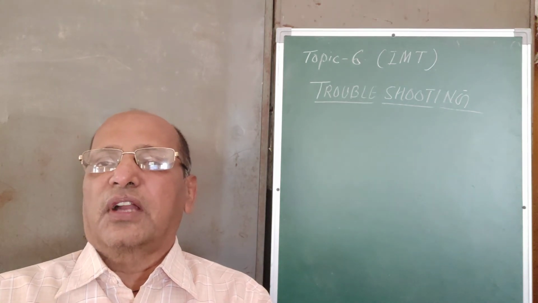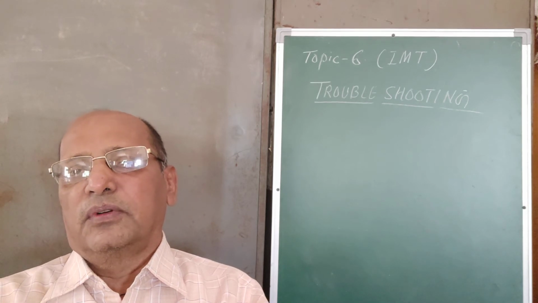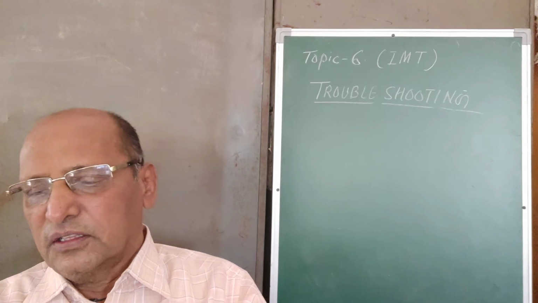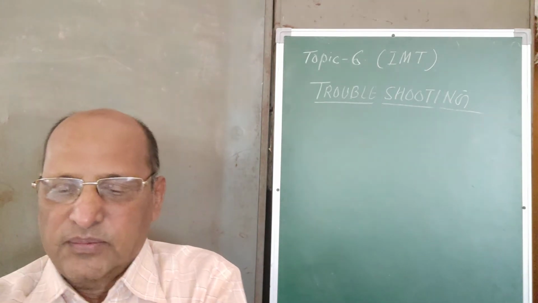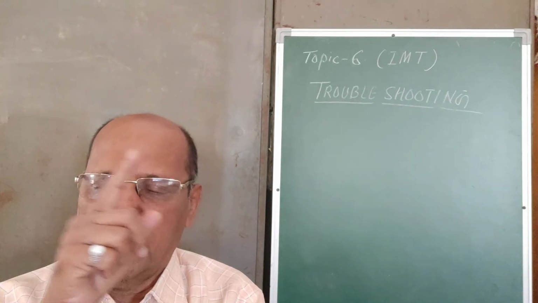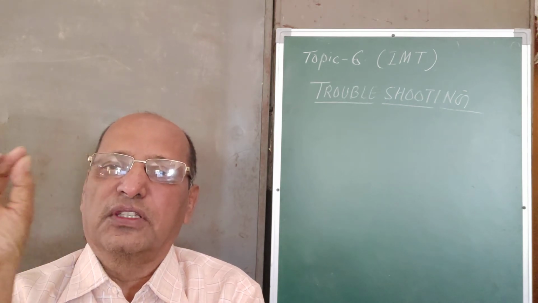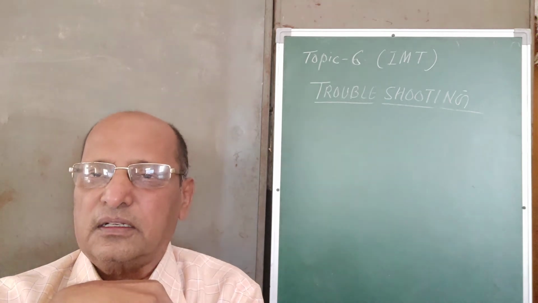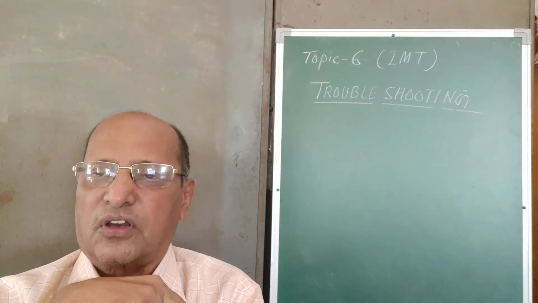You can prepare a troubleshooting chart with the help of five columns. At the top you first write the type of equipment, for example, troubleshooting chart for transformer. What troubles can occur, you list in the first column.